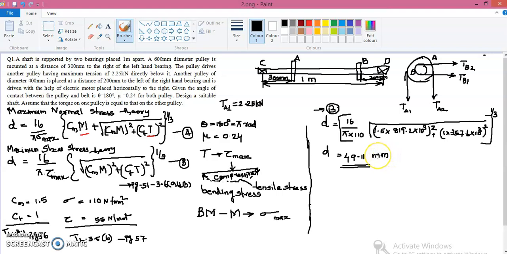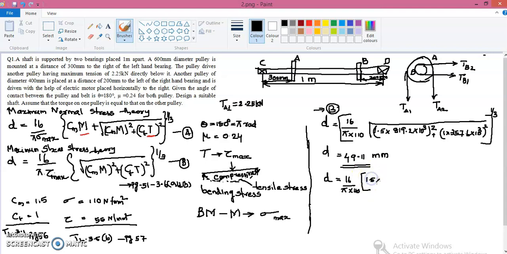And the next equation, that is equation number A, the maximum normal stress theory. There also we can substitute these values, and there it is 16 by pi into 110 into CM.